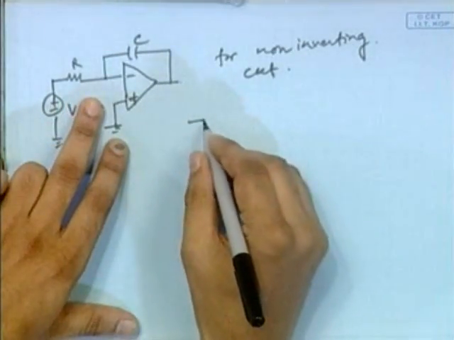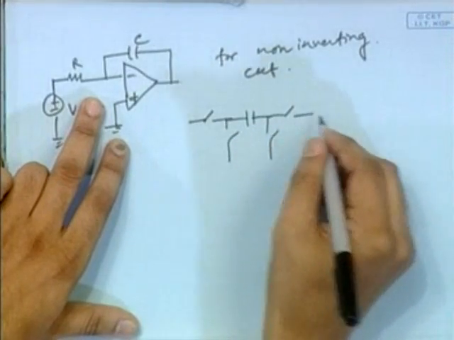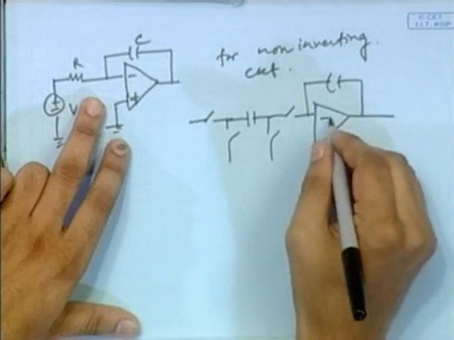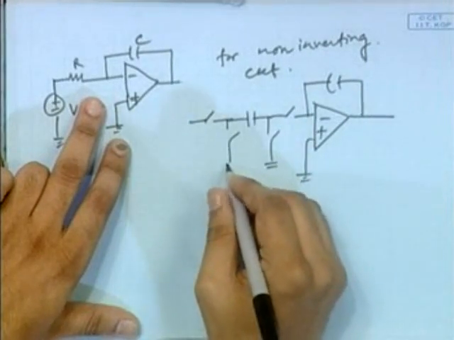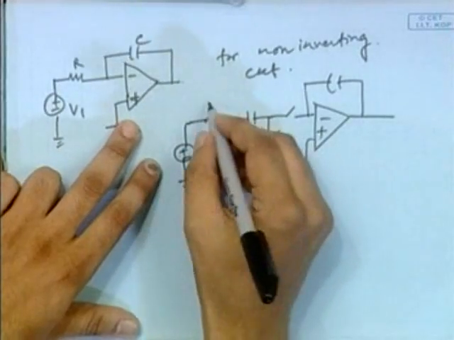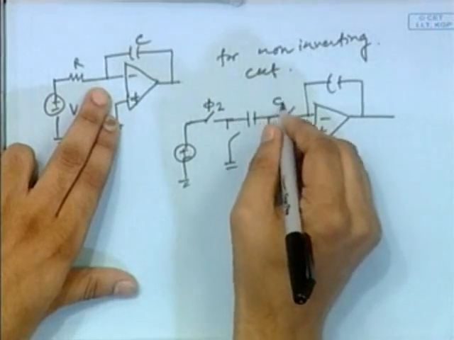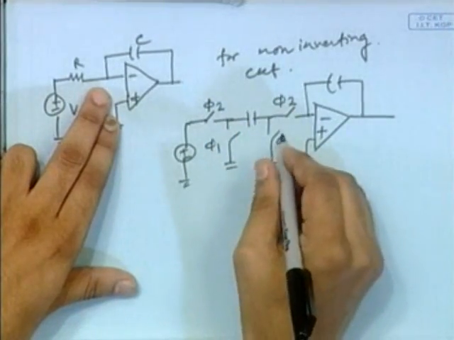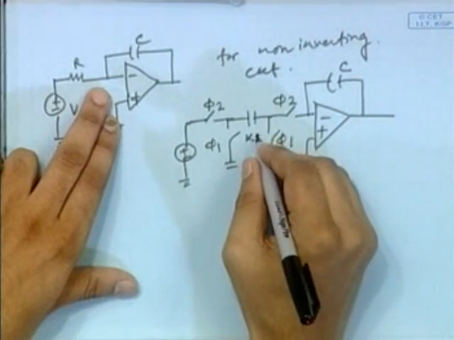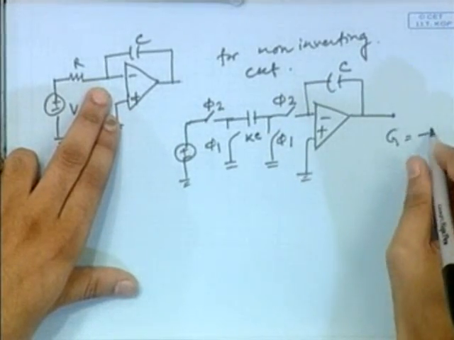So for this type of circuit, now this is the switch connection, that if this is inverting, then if this is phi 2, then this is phi 2, this is phi 1, then this is phi 1. And C, this is Kc. If we would like to get again, G is equal to minus K.